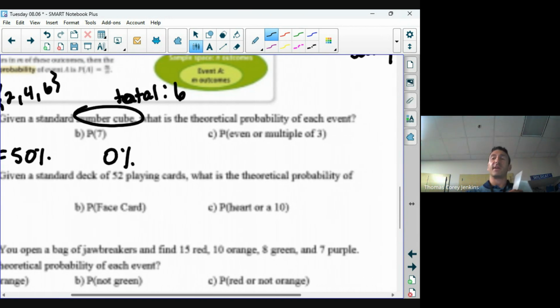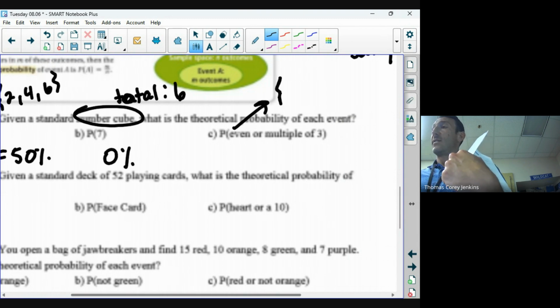C is a little bit trickier. That's one you might just have to list out the sample space, so let's think about that. It says even or a multiple of 3, okay? So evens, we listed those out a second ago, 2, 4, 6. Are there any multiples of 3 that aren't already listed? Is 3 a multiple of 3? Yes, right?